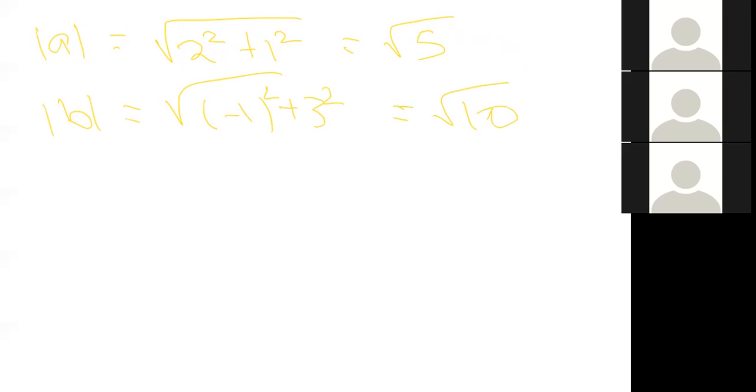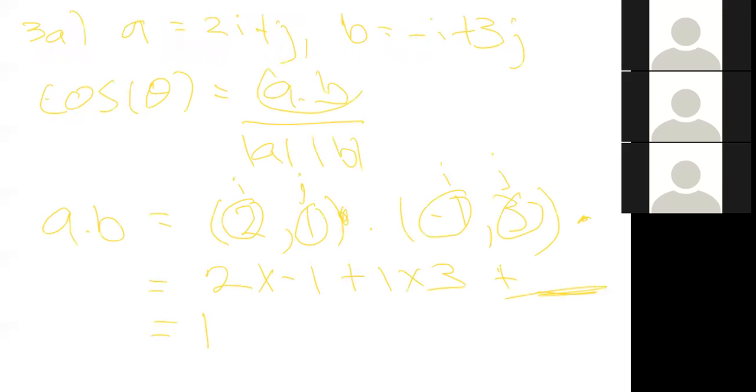The magnitude of A will be equal to the square root of 2 squared plus 1 squared, which is the square root of 5, and the magnitude of B will be equal to the square root of 1 squared plus 3 squared, which equals the square root of 10. So from that formula, we've got the dot product, the magnitude of A, and the magnitude of B. We can substitute them in to get what cosine theta equals.